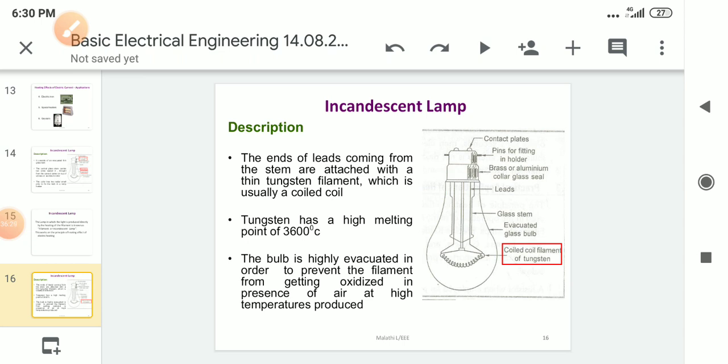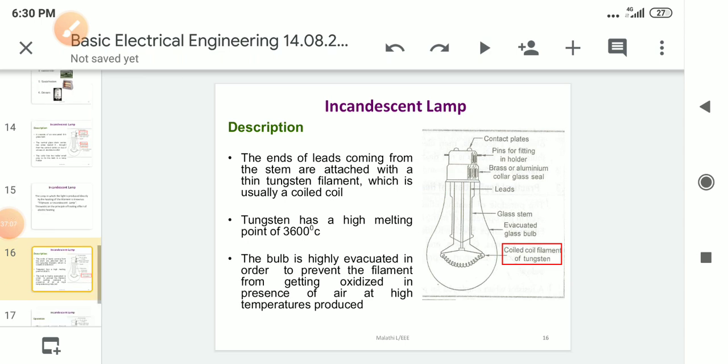The ends of these leads coming from the stem are attached to a thin tungsten filament, which is usually a coiled coil. Tungsten has a melting point of 3400 to 3600 degrees centigrade. The bulb is highly evacuated, with some inert gases like argon. Why? To prevent the filament from getting oxidized in the presence of air at the high temperature produced.